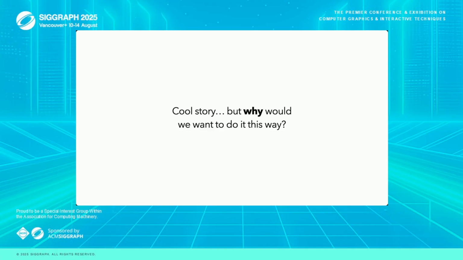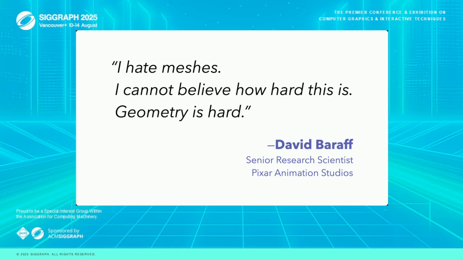Okay, that's a cool story. Maybe that's mathematically interesting or something. But why do we want to solve it this way? How does this actually solve any of our problems? Well, here's the answer. Even very, very smart people at Pixar are saying, I hate meshes. I cannot believe how hard this is. Geometry is hard. And I think if you've ever had to work with meshes in your life, you might have experienced some pain.